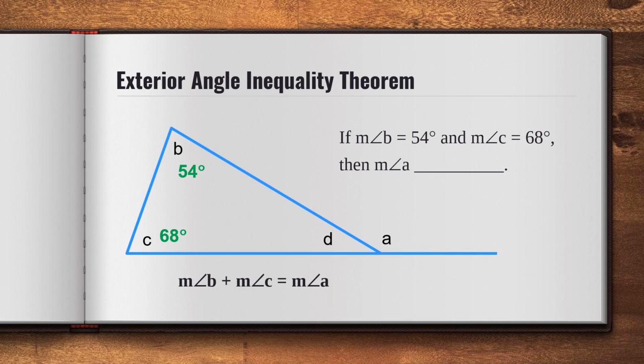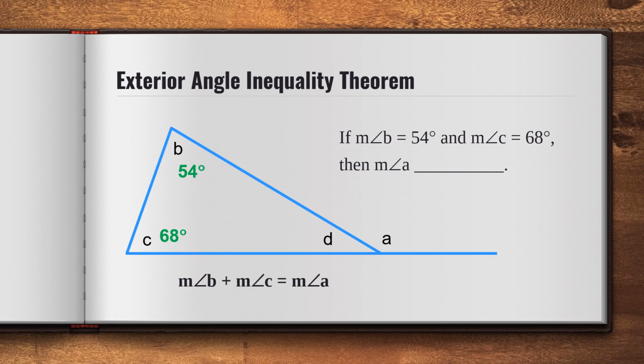And then, yung remote interior angles natin are angle B and angle C. Sila kasi yung mga angles na hindi adjacent sa ating exterior angle. So, ang adjacent angle ng ating exterior angle is angle D. And the two remaining angles, yun yung ating remote angles, they are angle B and angle C.